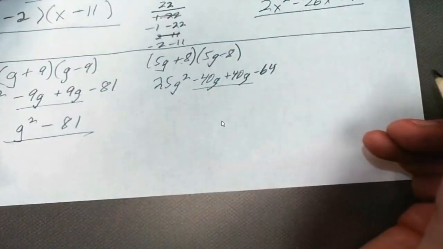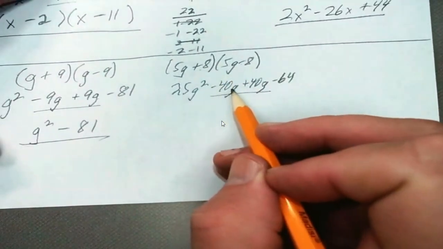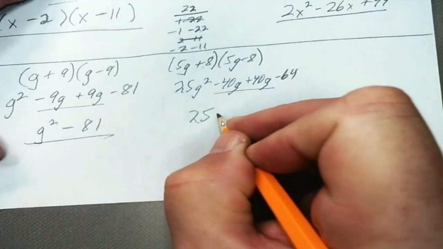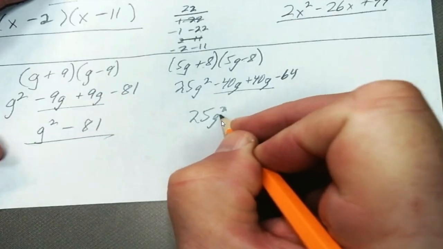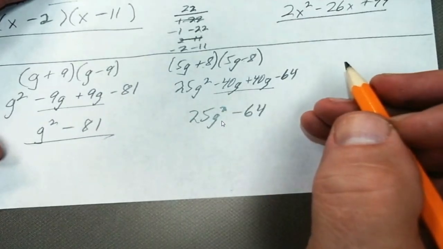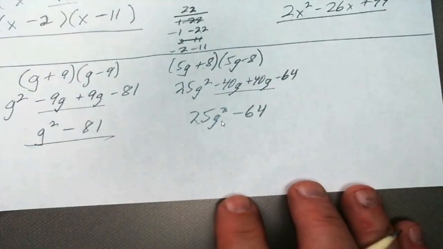The middle term again cancels out. We got negative 40g plus 40g. So this equals 25g squared minus 64. Okay, I'm starting to see a pattern.